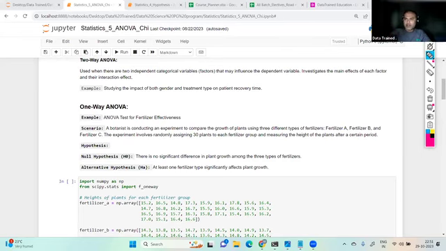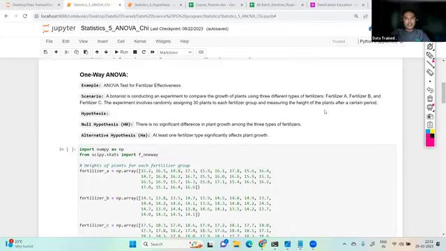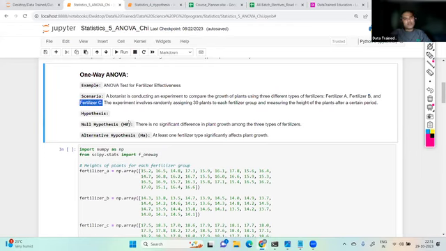Null hypothesis typically is that all means are equal. The alternative is that at least one fertilizer type significantly affects plants' growth. That is the opposite of the null hypothesis.